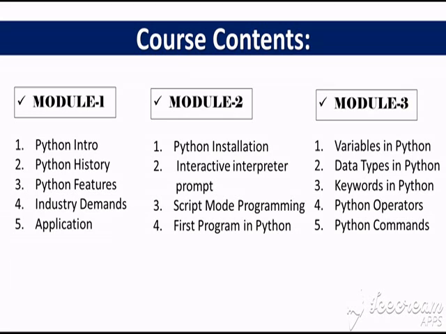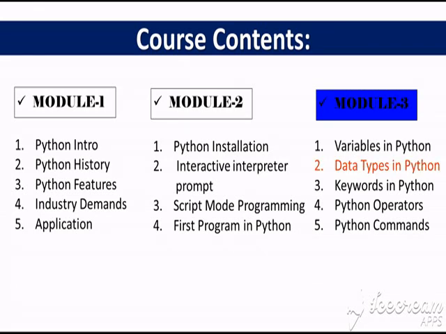We have almost done this task in the last classes. Now, our ongoing module is 3. In ongoing module 3, we have also discussed the first topic, variable in Python. So I hope you enjoyed the last session, and now the current session will be on data type in Python.